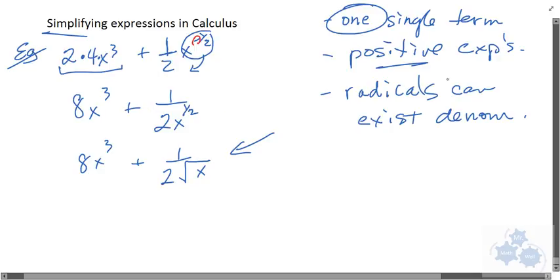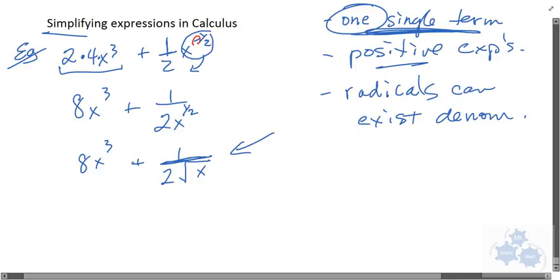If we want to carry this further, let's get to this one single term that I mentioned up here. So if we have 2 terms and we want to combine them, like if I want to actually add these terms, and this is apparently a fraction or a rational, what do you need to have when you want to add fractions? You need a common denominator.